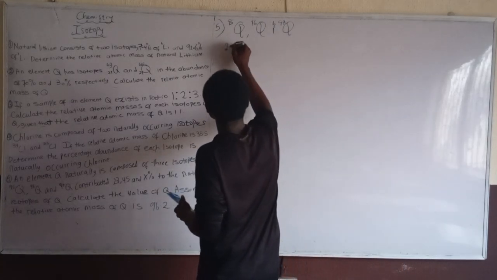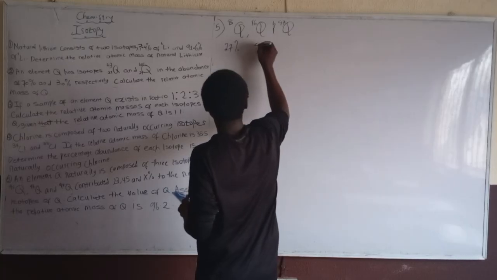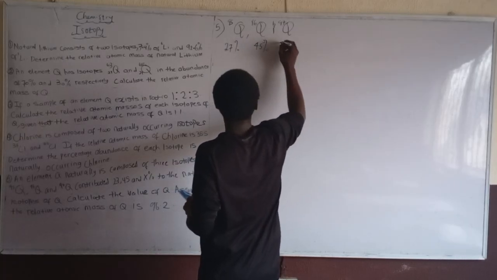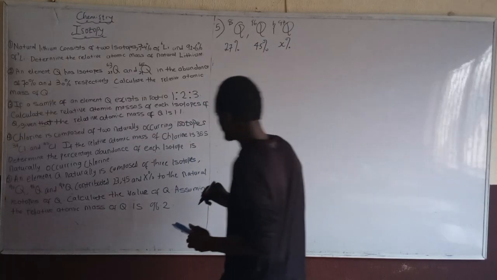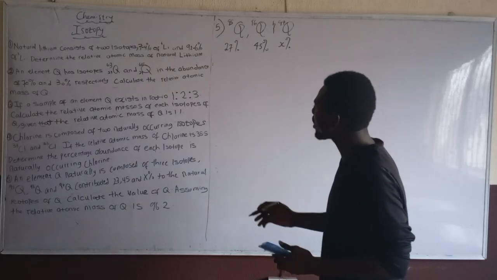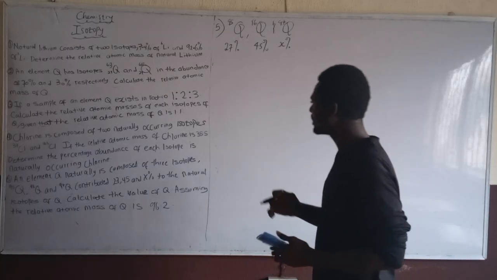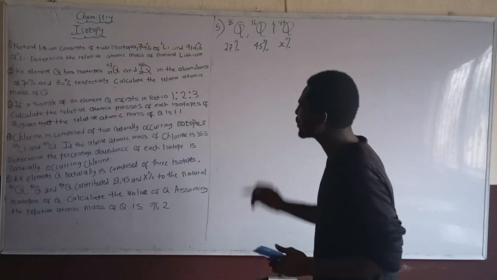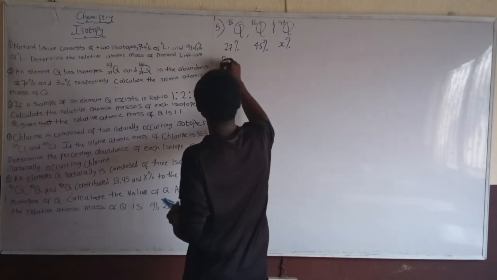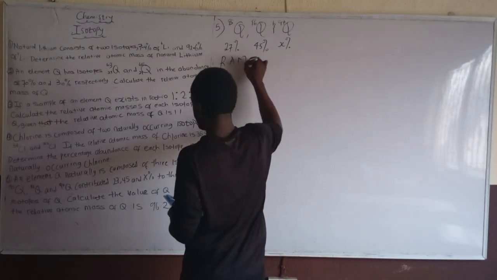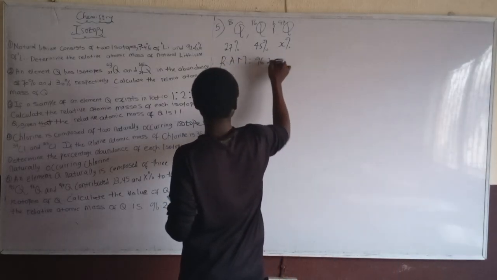Contributed to here is 27%, 45% and X%. So the natural isotopes of Q. Calculate the value of X if the RAM is 96.2.